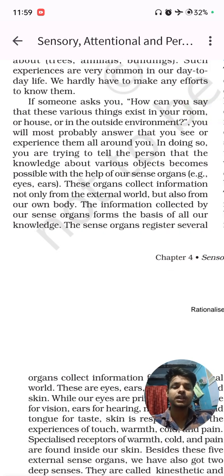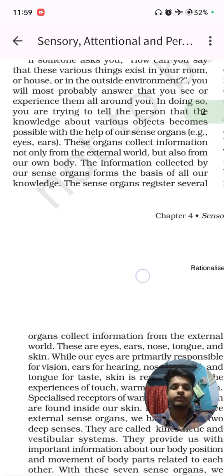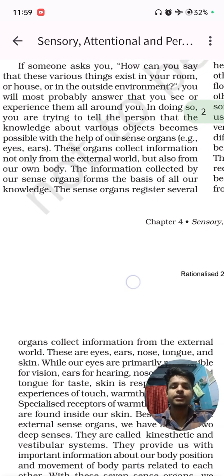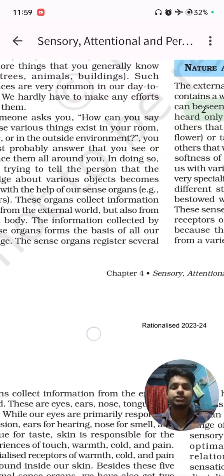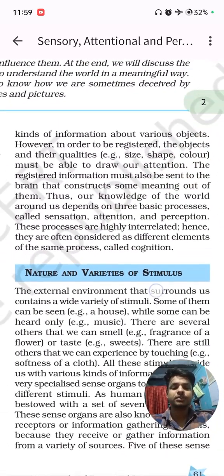These organs collect information not only from the external world but also from our own body. The information collected by our sense organs forms the basis of all our knowledge. The sense organs register several kinds of information about the various objects.